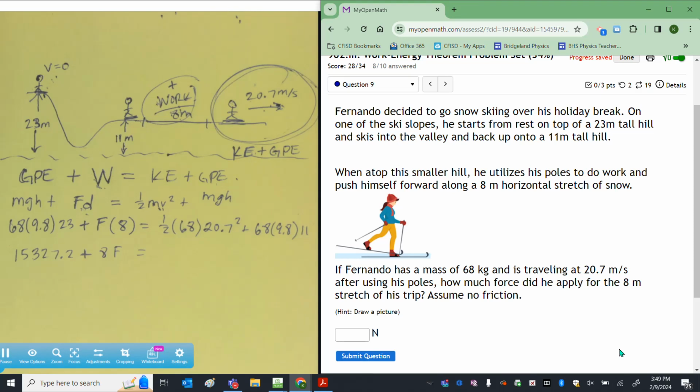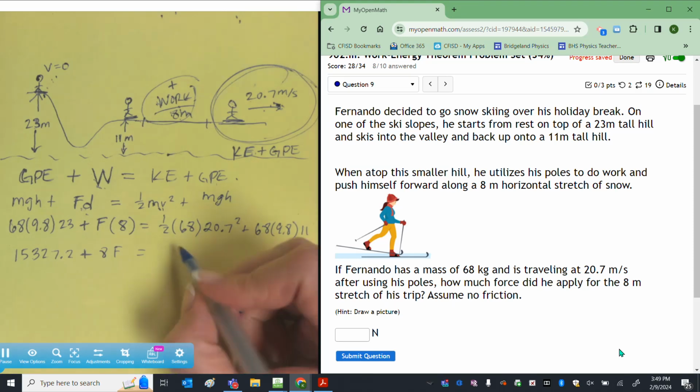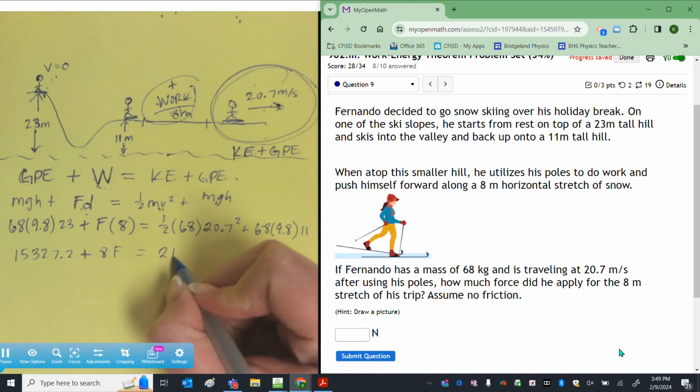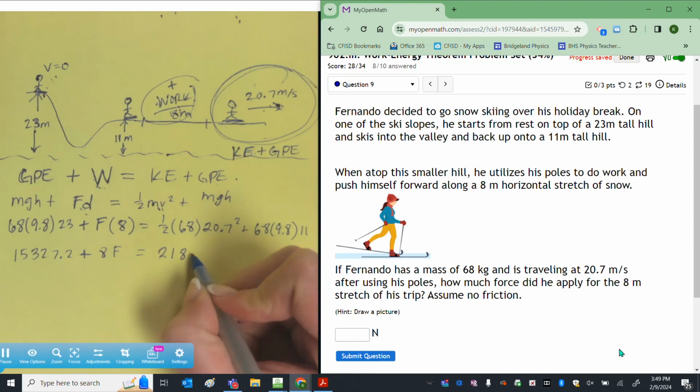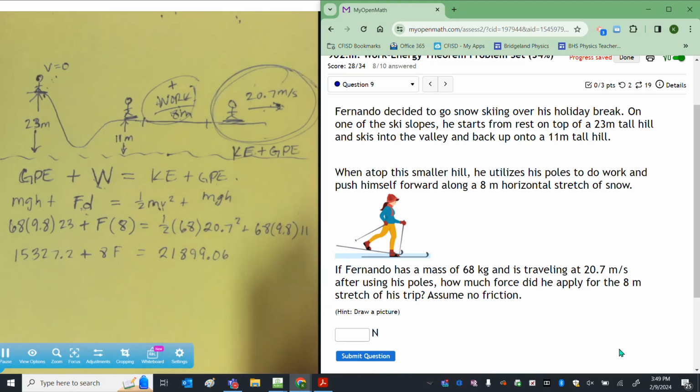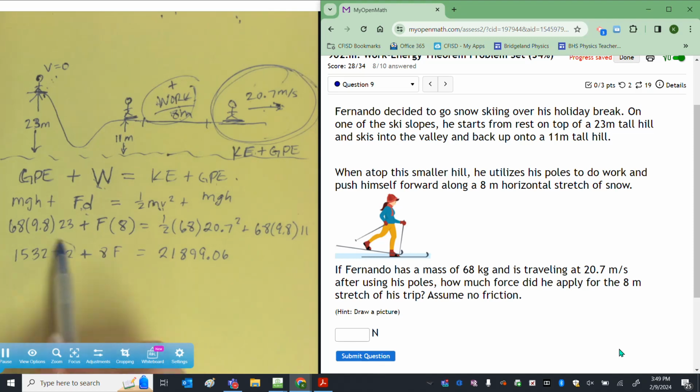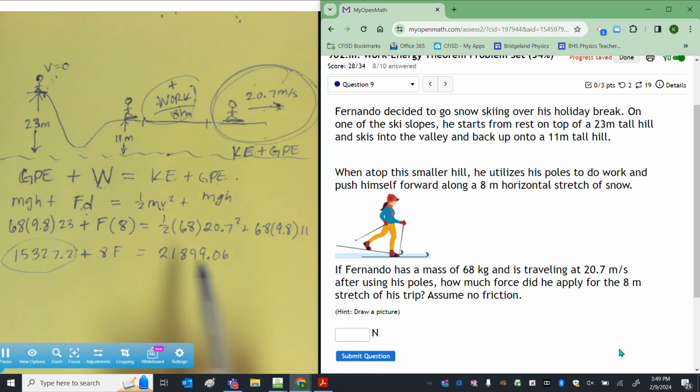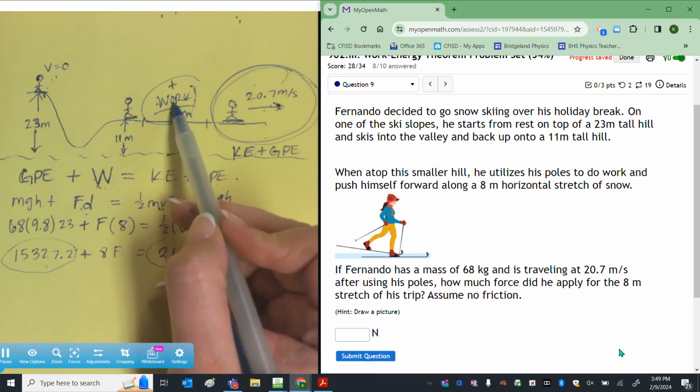And I get this number, 21,899.06. Here's how much gravitational potential energy he started with. Here's how much total mechanical energy he has at the end. So my mechanical energy has increased. And again, it increased because he did work. He added energy to the system.